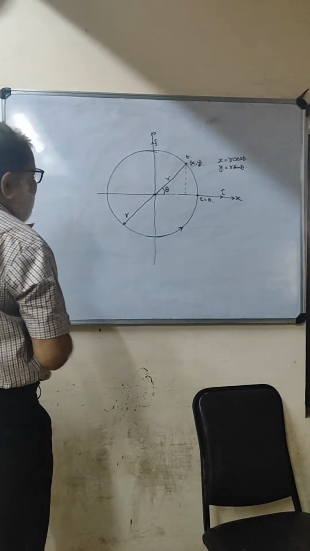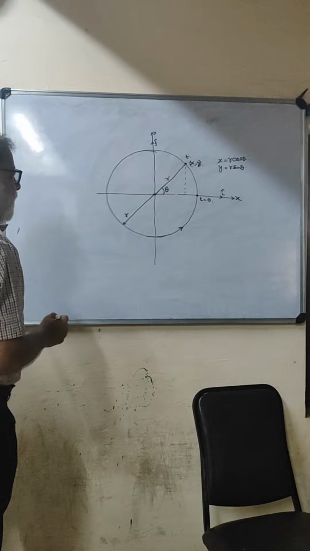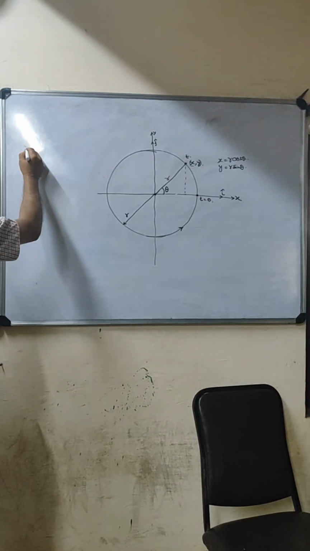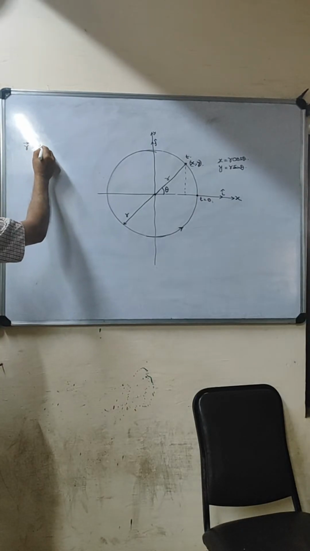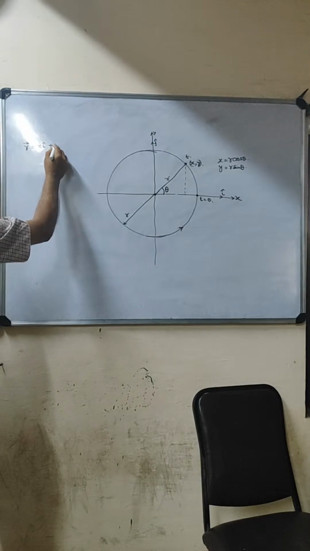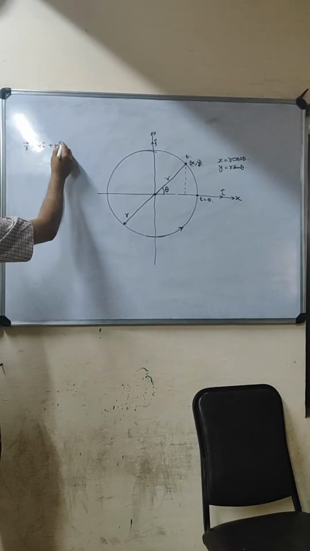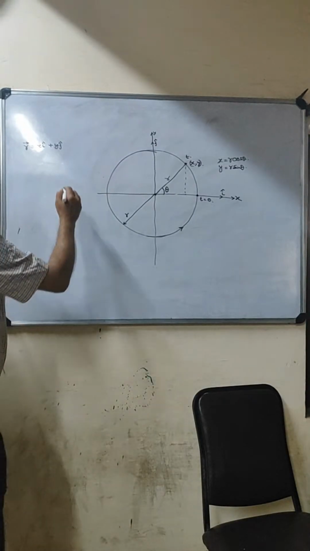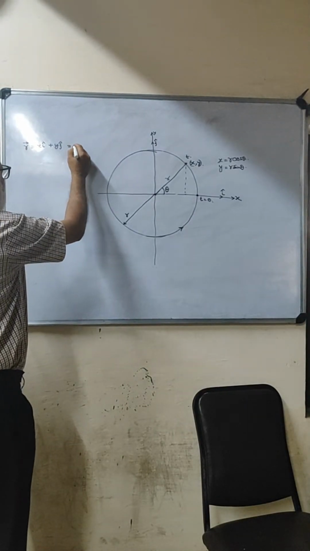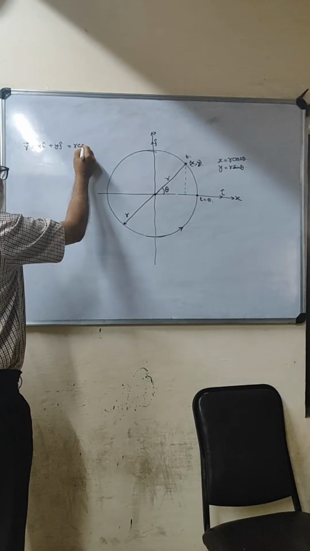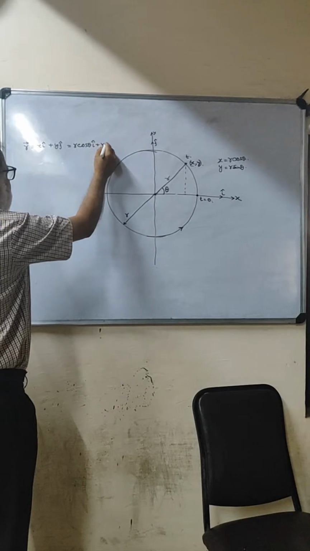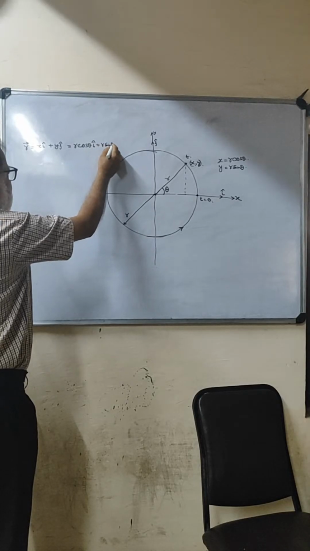Now if we write the position vector of the particle at this instant t, which we write as r bar, it is equal to x i cap plus y j cap. Further, putting the value of x and y, we write it as r cos theta i cap plus r sin theta j cap.